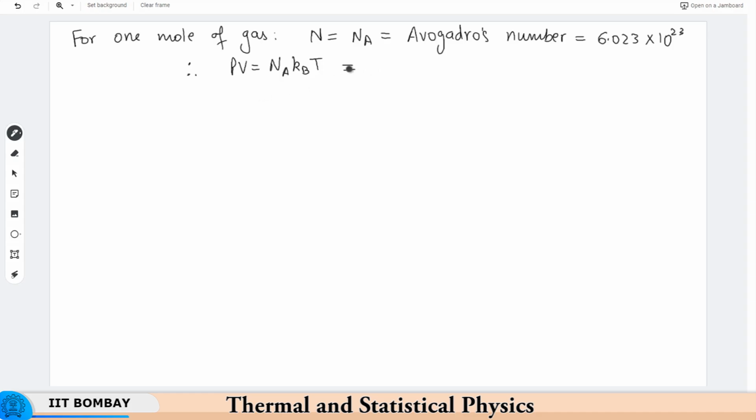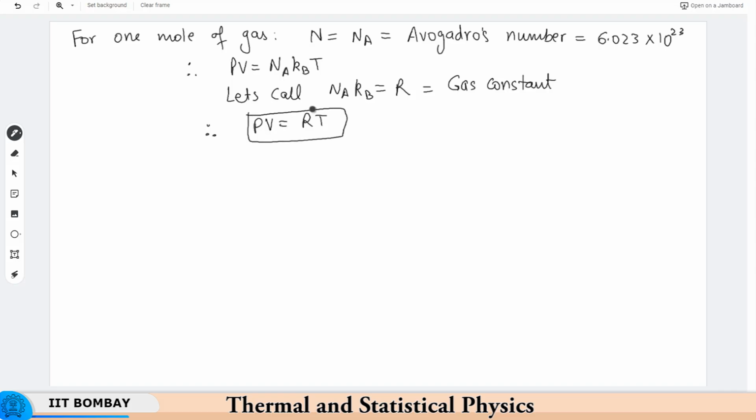So, we can generate another constant which is also a fundamental constant. Let us call Na times kB equals R, and this is known as the gas constant, right. So, therefore, we can rewrite this as PV equals RT, right, and this is the ideal gas equation for 1 mole of gas.